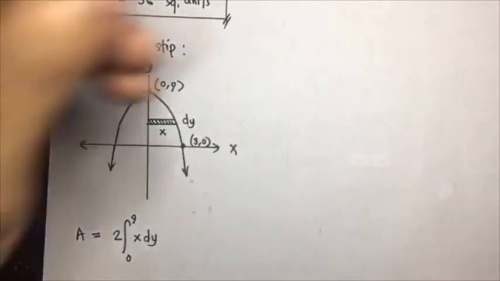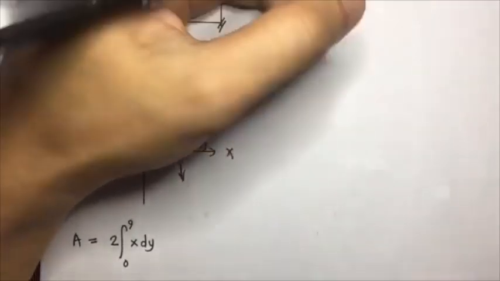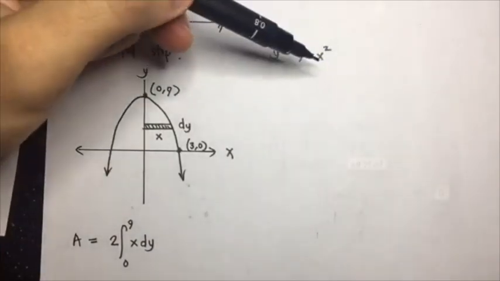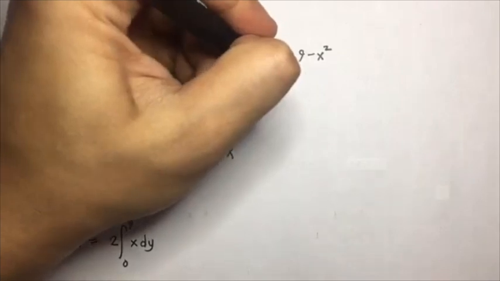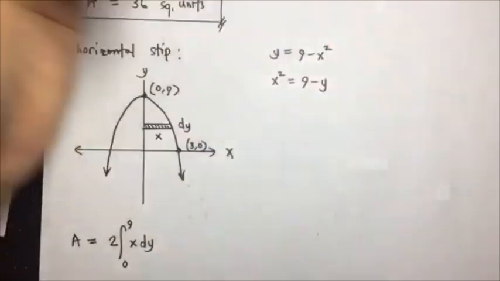We don't have that, but we are given that y is equal to 9 minus x squared. Transposing x squared to the left side and y to the right side, we'll have x squared is equal to 9 minus y.